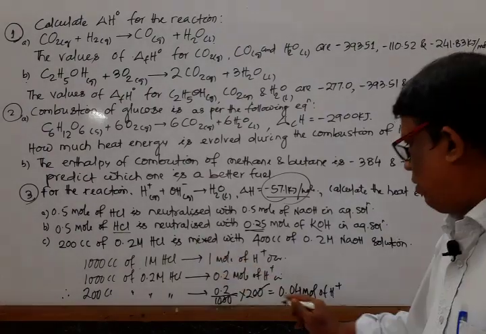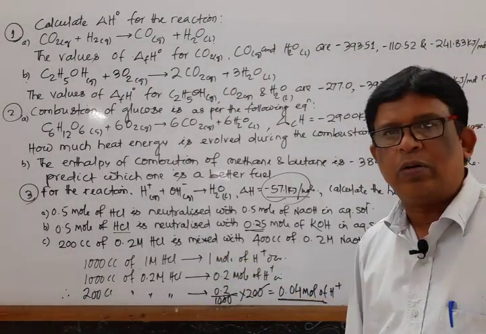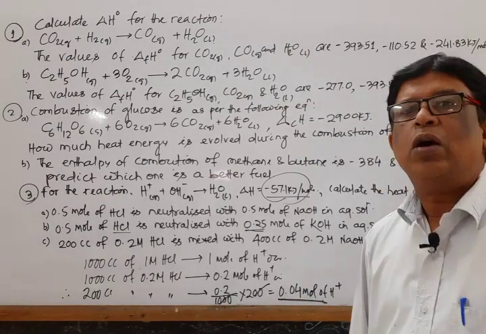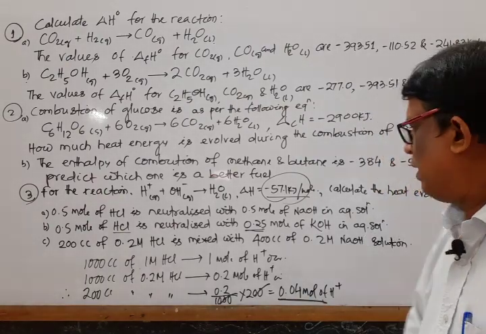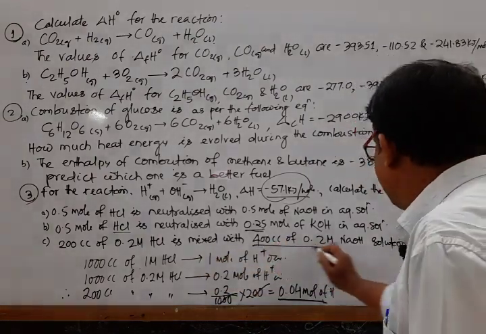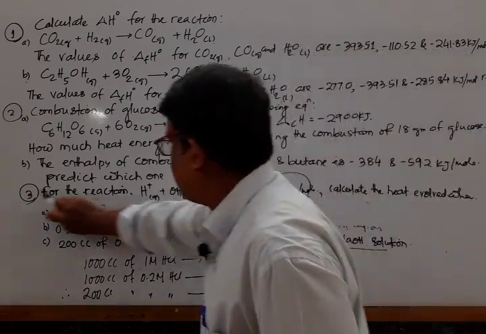Mark that. The amount of H plus ion is now 0.04 mole. Similarly, we have to calculate how much OH minus is there. Here it is given that 400 cc of 0.2 M NaOH solution.